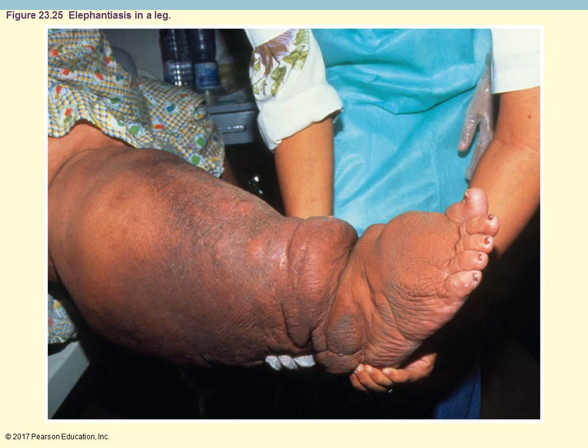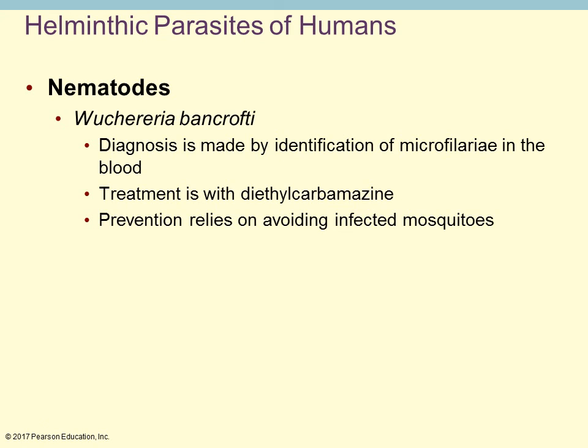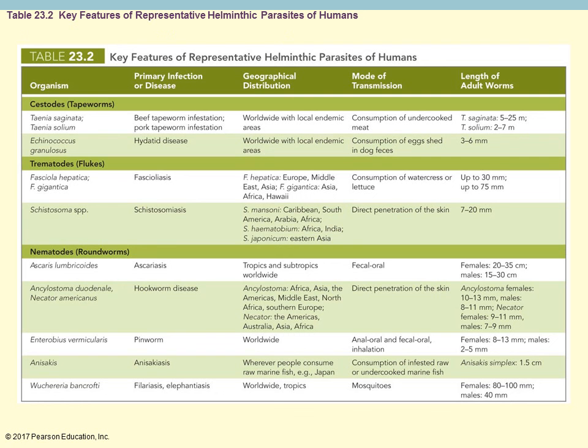And then here's an example of elephantiasis, or this extreme swelling in the leg. Why? Because the lymphatic system has been damaged and is not able to return all that increasing fluid back into the blood. Once again, how do you prevent it? Break that link with the mosquito vector. Here is a table showing the various helminthic parasites and the diseases that they cause.